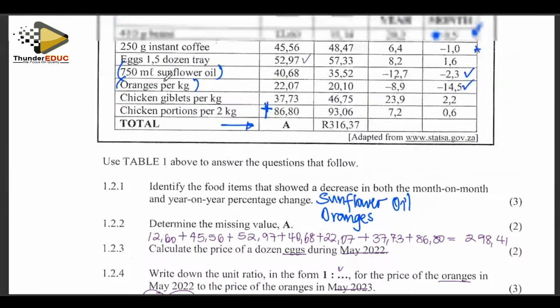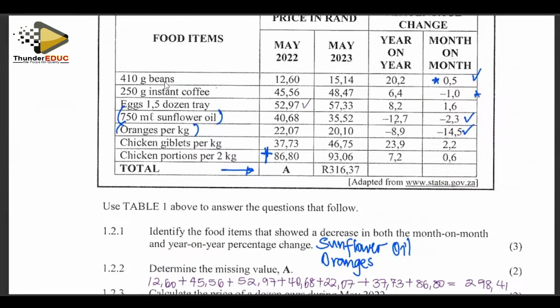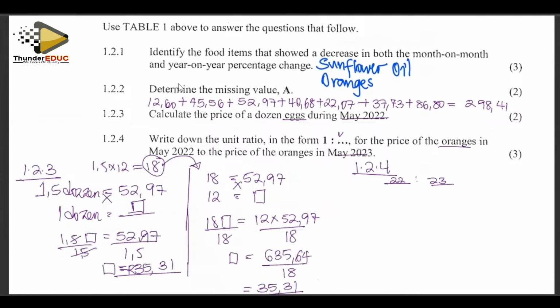When we come up here, we check oranges. We have this is to that. So it's 22 rands, 7 cents is to 20 rands, 10 cents. Since we need this to be 1, we divide this by this.